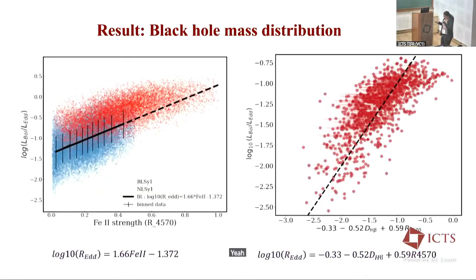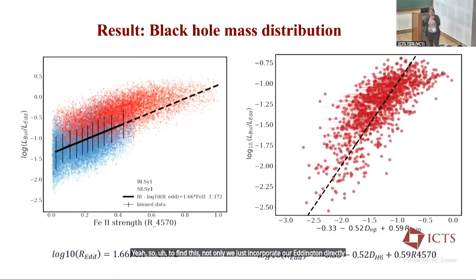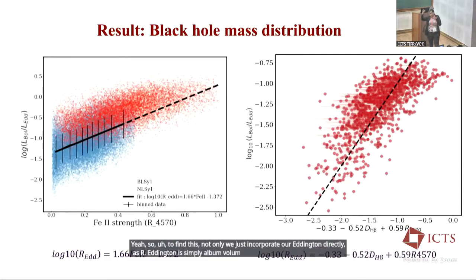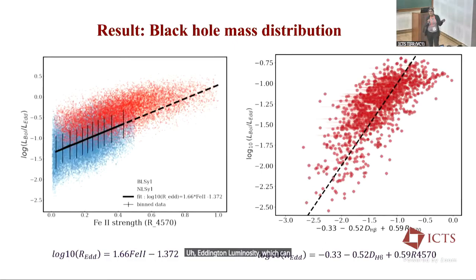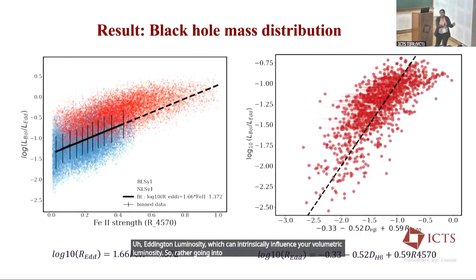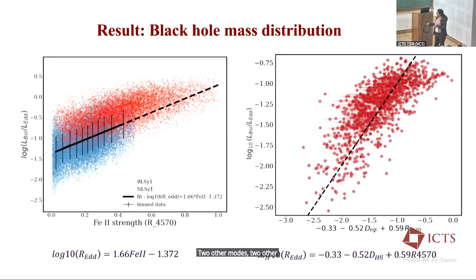To find this, we did not just incorporate the Eddington ratio directly, as the Eddington ratio is simply bolometric luminosity divided by Eddington luminosity, which can intrinsically influence your bolometric luminosity. So rather than going into that factor, we chose two other relations for our sample.